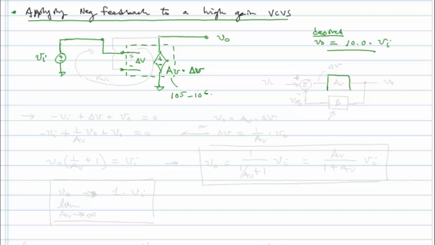Remember, what I have is AV, VO, I have this summer or difference block here, and I want to put VI in here, and I want to subtract some portion of the output.